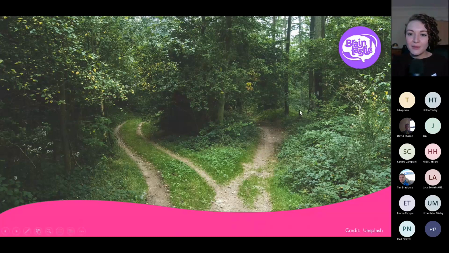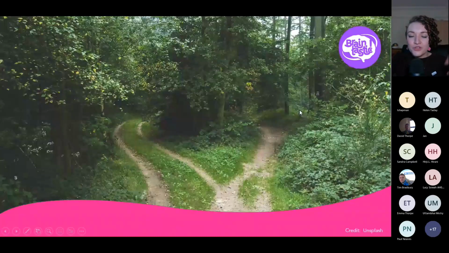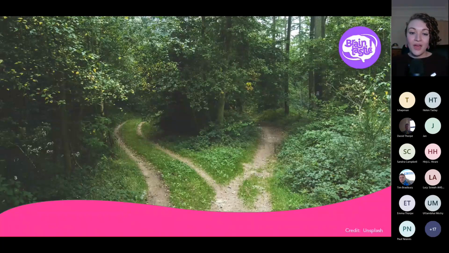You have to kind of cut down branches and push back brambles, and it's really hard work. But the more times you walk down that pathway, the more times you do that thing or revise that fact, the wider and more open the pathway becomes. And if you come back to it regularly, it will stay wide and open.